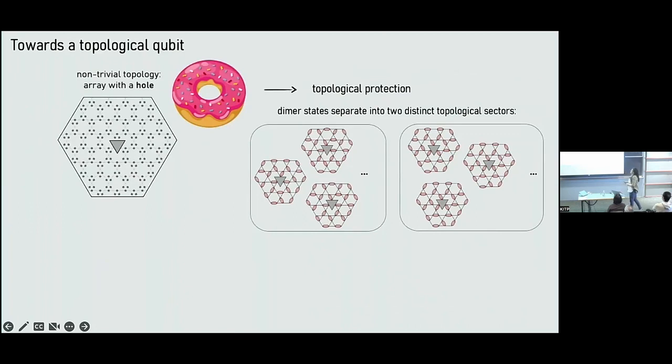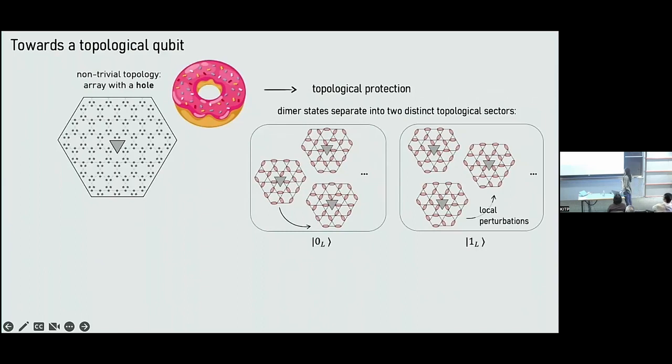So in particular, in this case, what this topological protection means is that your dimer states are now separated into two distinct topological sectors, such that if you have local perturbations, you will always remain within the same topological sector, and to go from one to the other topological sector, you need to do some non-local, non-trivial transformation.